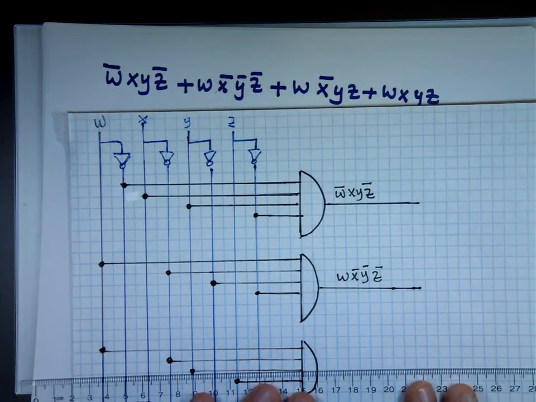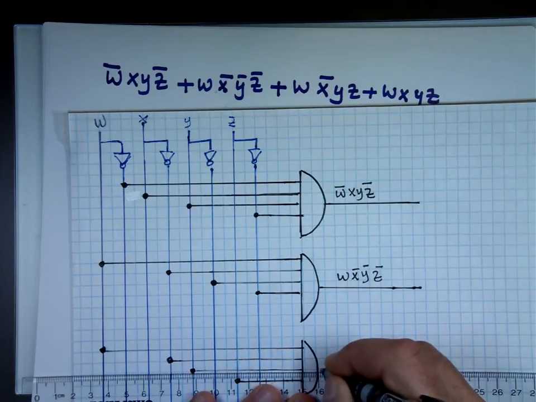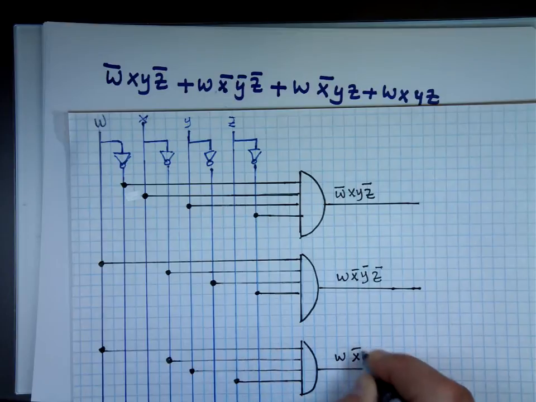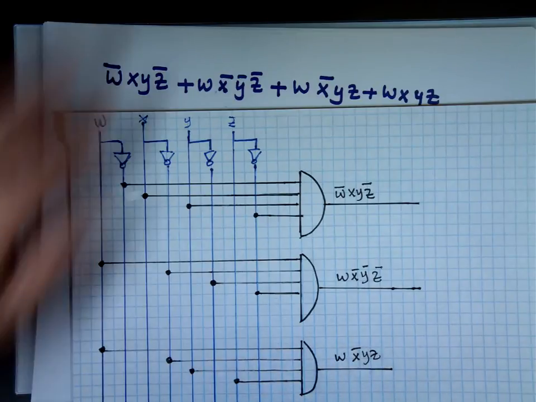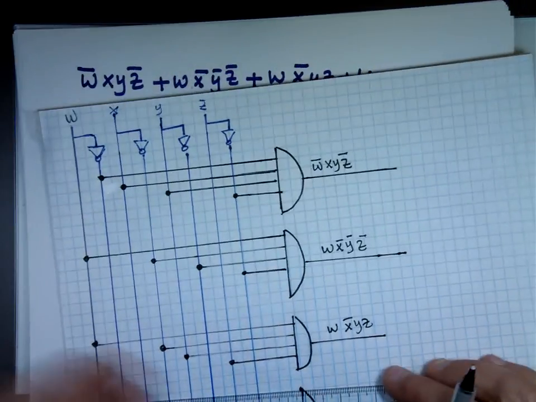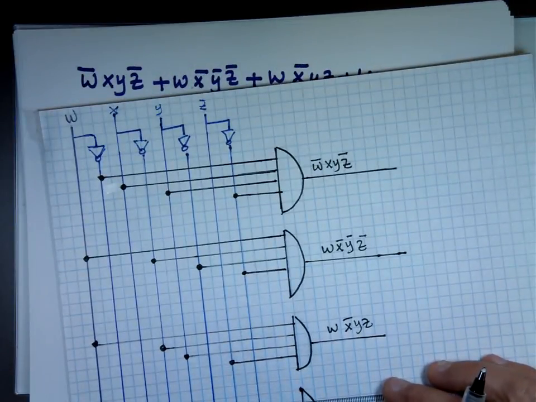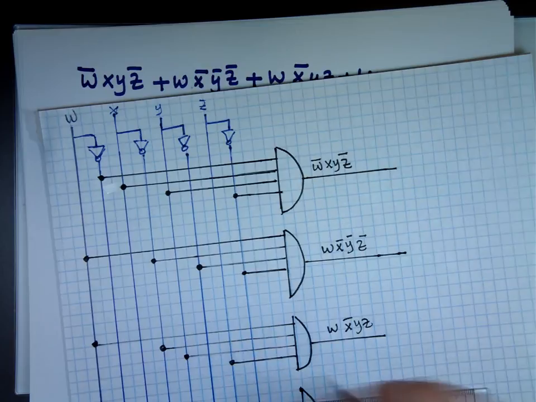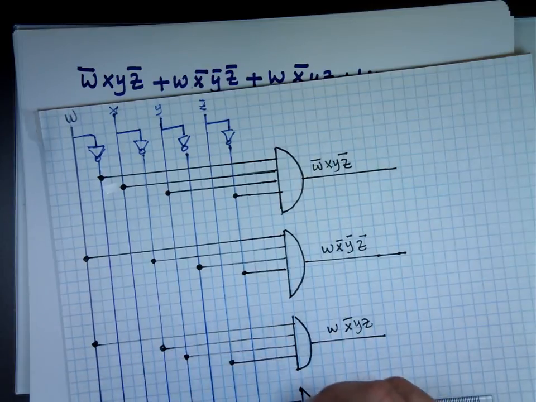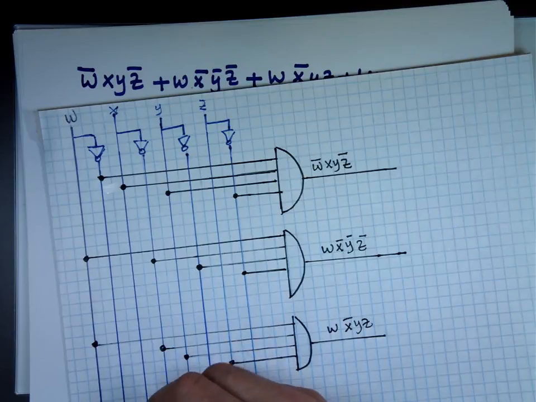One more. W, X bar, Y, and Z. And the last one, W, X, Y, and Z. There are no bars on it. So everything is straight. W, X, Y, and Z.